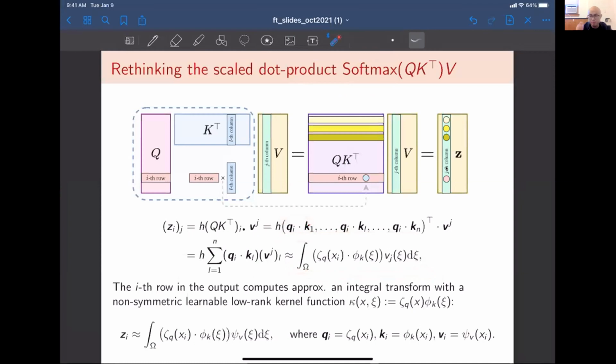If we reinterpret this sum as a Riemann sum, we reinterpret it as an integral. This is pretty much like a learnable integral transform with 3 trainable matrices, which the natural language processing people call, sorry.